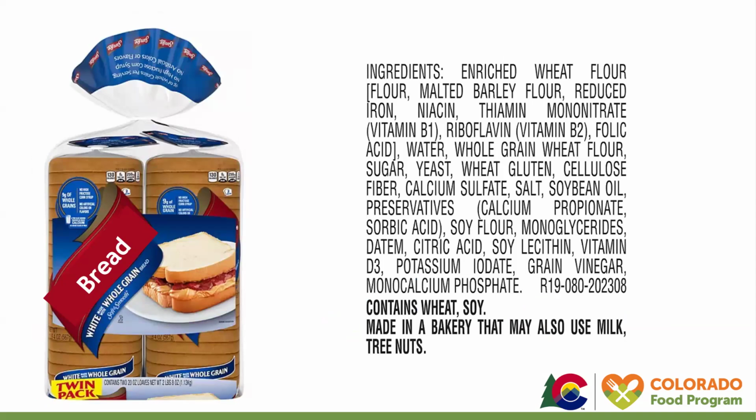All right. So this is another tricky one. So again, a bread, so could potentially fall under the standard of identity. But if we look at the package, it says white made with whole grain. So think back, was that one of the phrases that falls under the standard of identity?